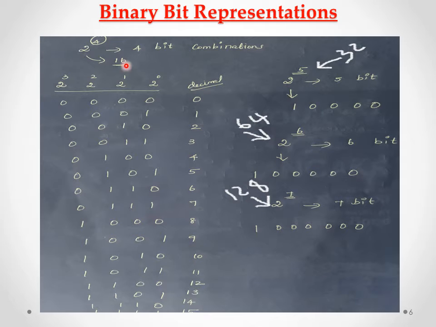In a similar way, for 5 binary bits we can make a total of 32 combinations. For 6 binary bits, we can make a total of 64 possible combinations. Same way, for 7 binary bits, we can make a total of 128 possible combinations.